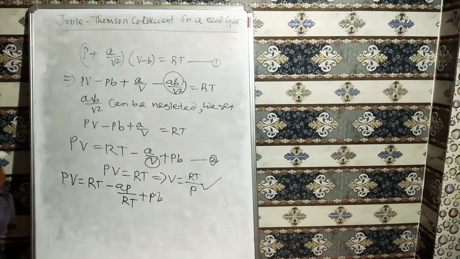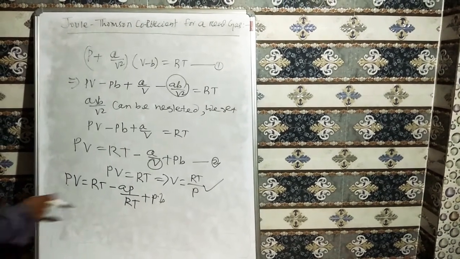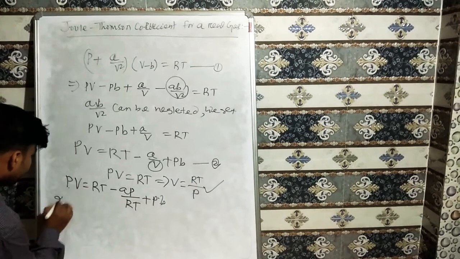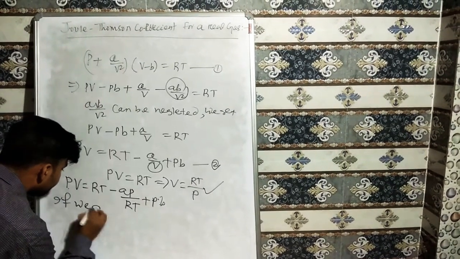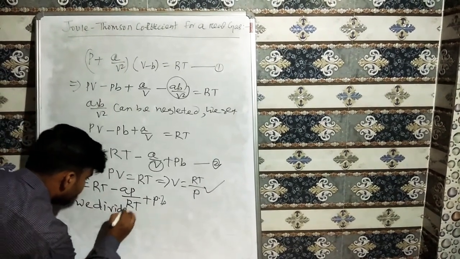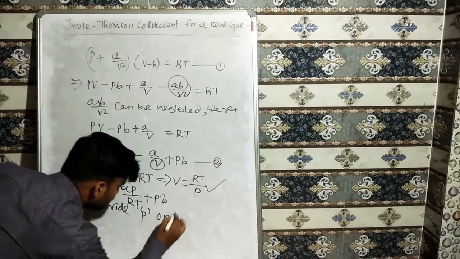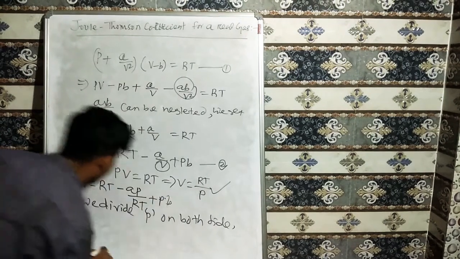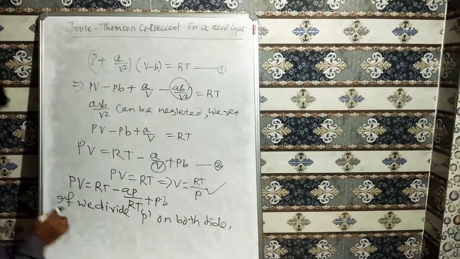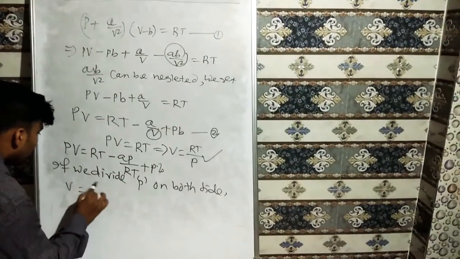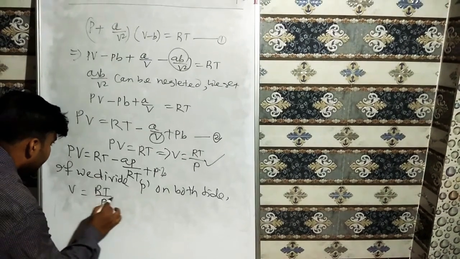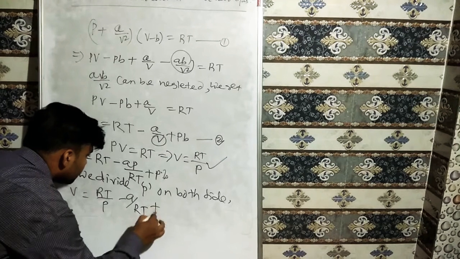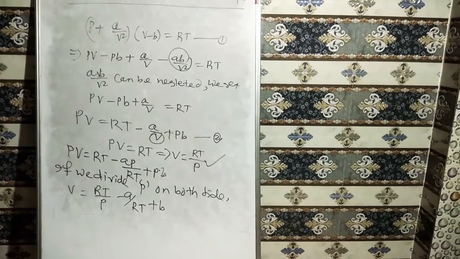Now if we divide by P on both sides, then we get V equal to RT by P minus a by RT plus b. Okay.